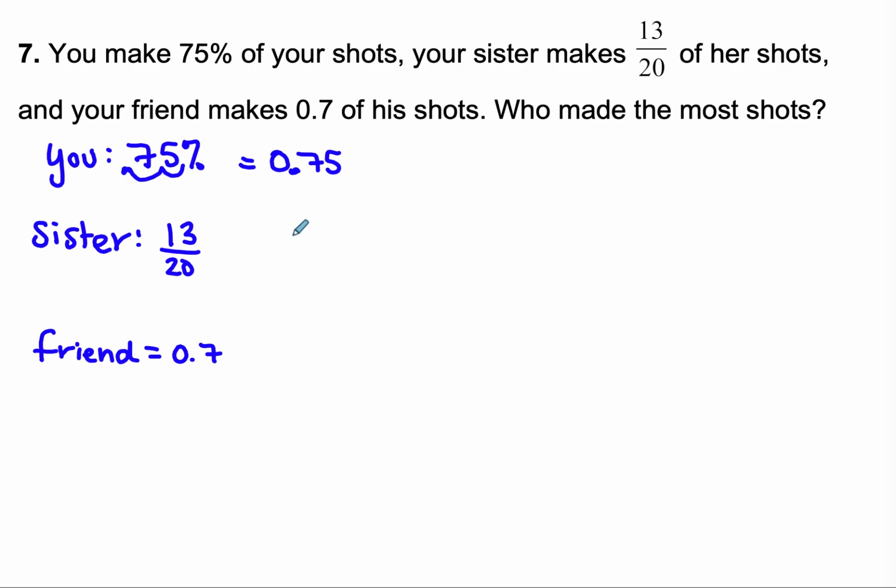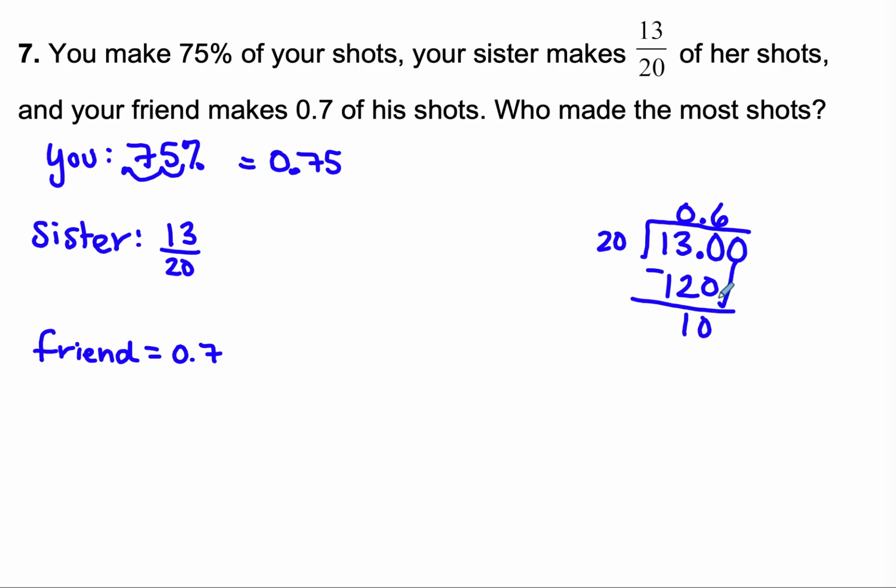Okay, sister, 13/20. I'm going to do it over here. 13 divided by 20. 20 does not go into 13 a whole number of times. So I'm going to add a decimal. Okay, 20 goes into 136 times. 6 times 20 is 120. Subtract to get 10.